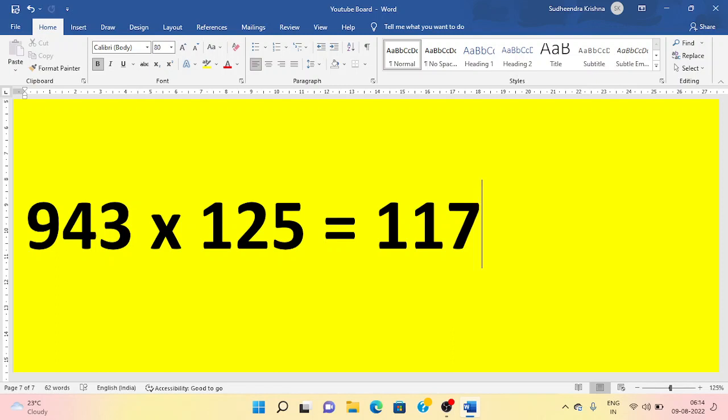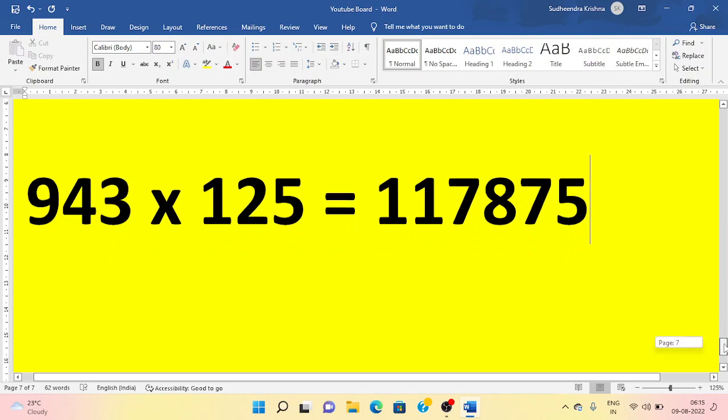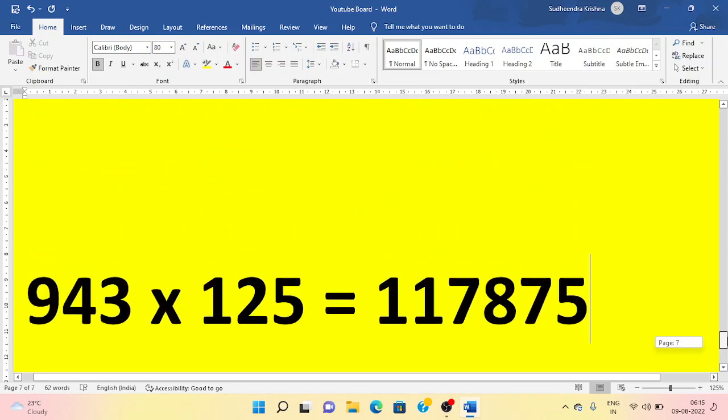After dividing 943 by 8, you are getting 117 as the quotient and 7 as the remainder. As per the table given above, if you get remainder as 7, on the right portion of the answer you have to put 875. So this is the required answer. 943 into 125 is equal to 117,875. It's as simple as this.